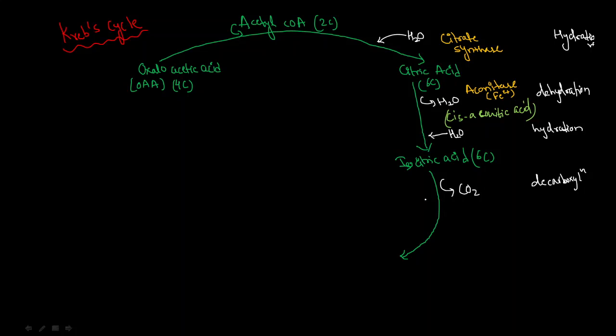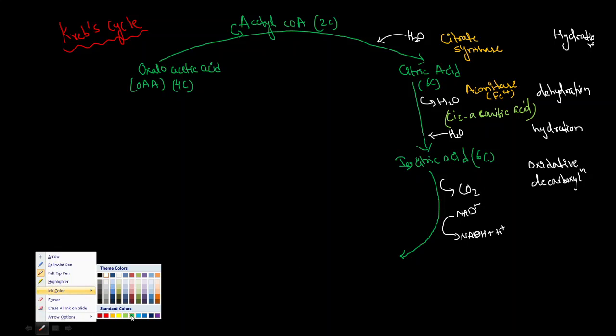And here also the isocitric acid is undergoing removal of hydrogen. When hydrogen is removed from isocitric acid, it is going to get picked up by NAD plus, and it is going to get converted into NADH plus H plus. So since oxidation is also happening, that is removal of hydrogen, this whole step can be termed as oxidative decarboxylation, right?